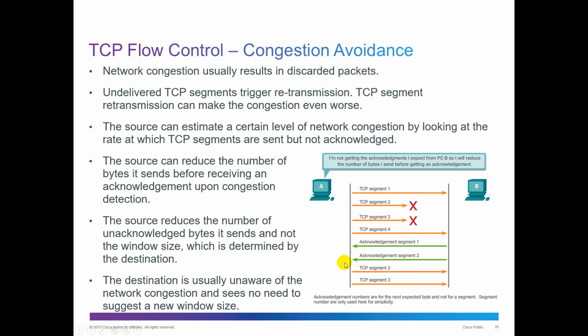So I'm just going to adjust and send 2 segments at a time, and then hopefully get those 2 segments acknowledged and just go through the process like that. So the destination doesn't see that congestion going on, so it sees no need to suggest a new window size. Therefore, it's the responsibility of our source rather than the destination to adjust the amount of bytes it's sending over the network.